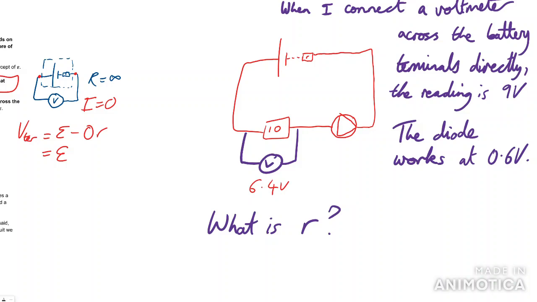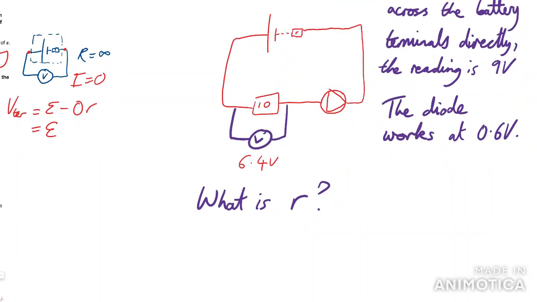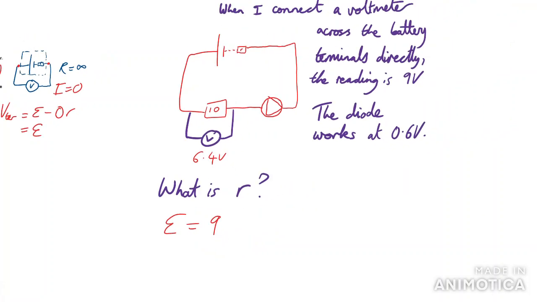And with electricity questions, if you've fully understood everything in this guide, these should then become quite simple. It's just a matter of labeling things on and sort of understanding what the information they told you. So the first thing is when they connect a voltmeter across the battery terminals directly, the reading is 9 volts. So as we said earlier, that must mean that the EMF of the battery is just 9. Okay, and then marking on this diagram with how we know things work, well, we know that a diode at 0.6 volts means that this guy is using up 0.6, and that's all he's going to use up.